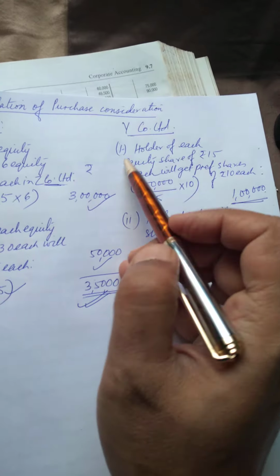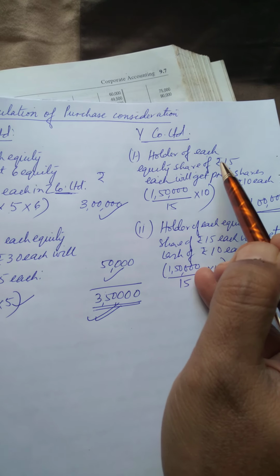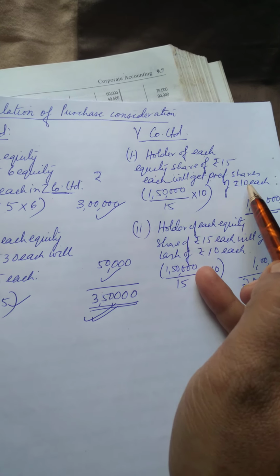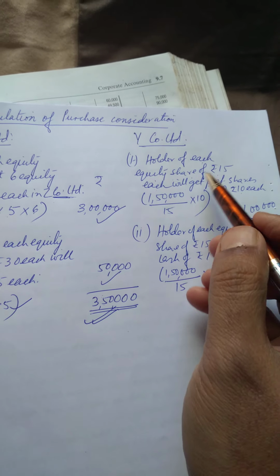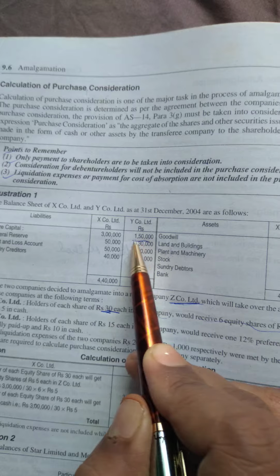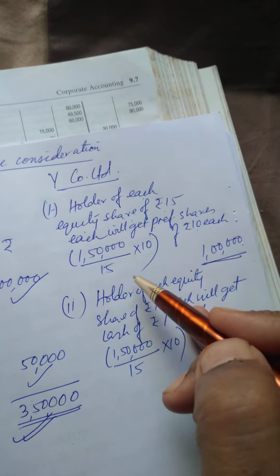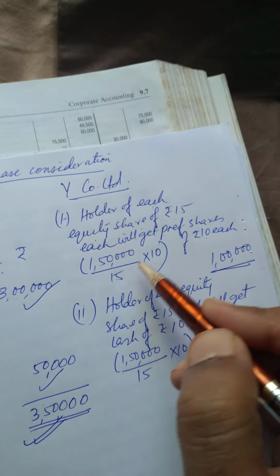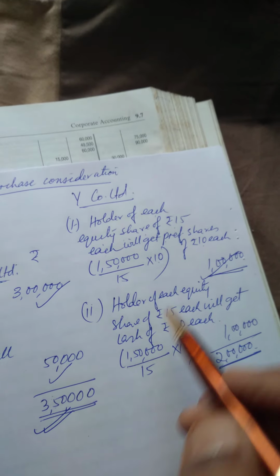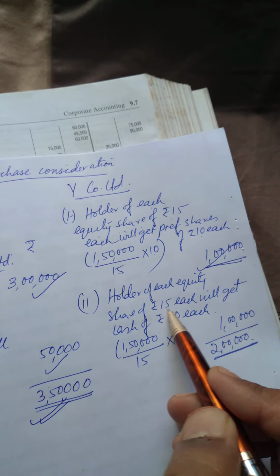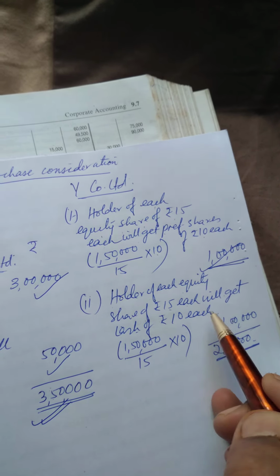And for Y Company Limited, how much will Z Company Limited give? Holder of each equity share of rupees 15 each will get preference shares of rupees 10. So 1,50,000 divided by 15 will be the total number of equity shares. Multiply by 10, you get 1 lakh. Similarly, holder of each equity share of rupees 15 each will get cash of rupees 10 each.